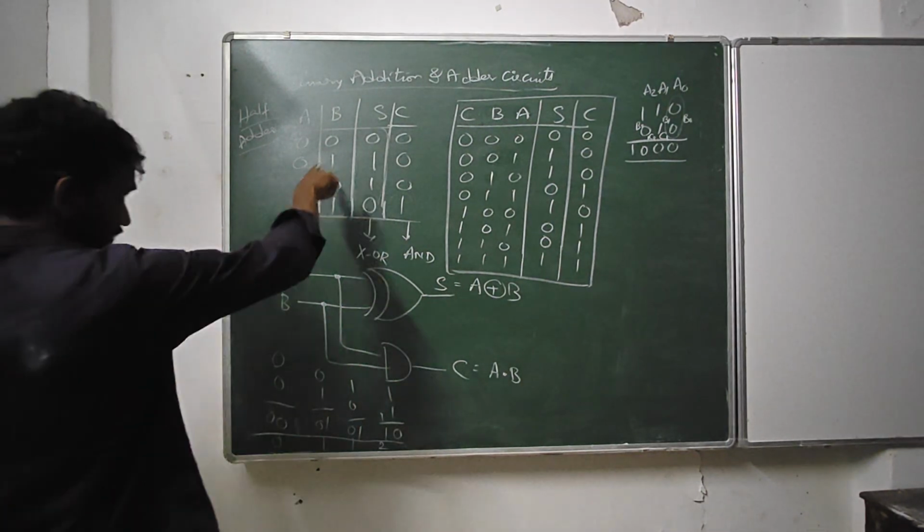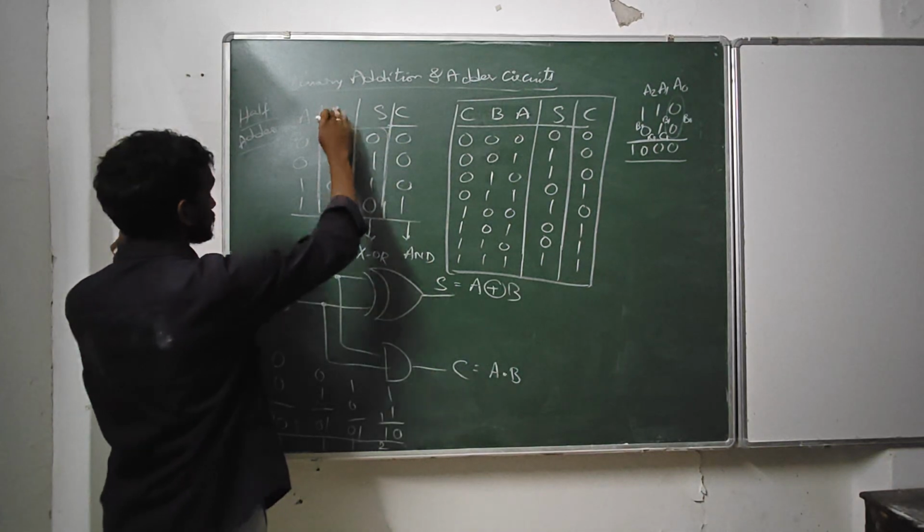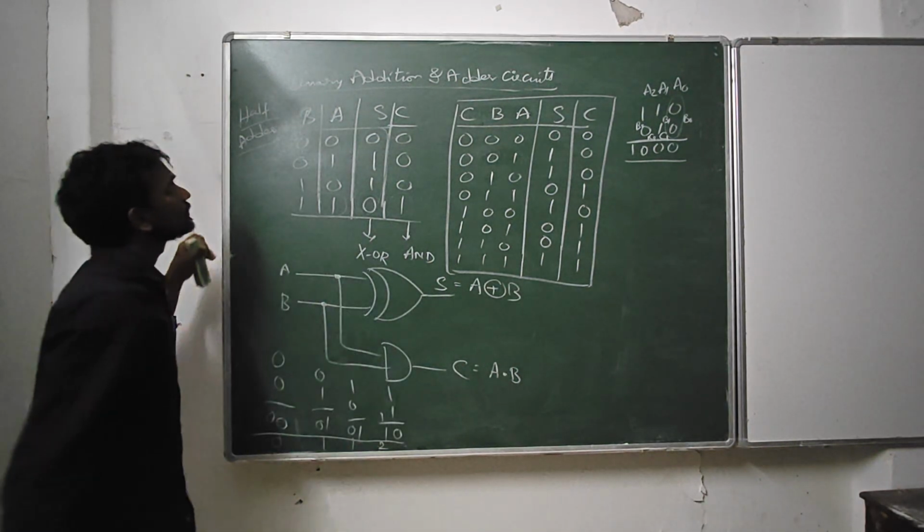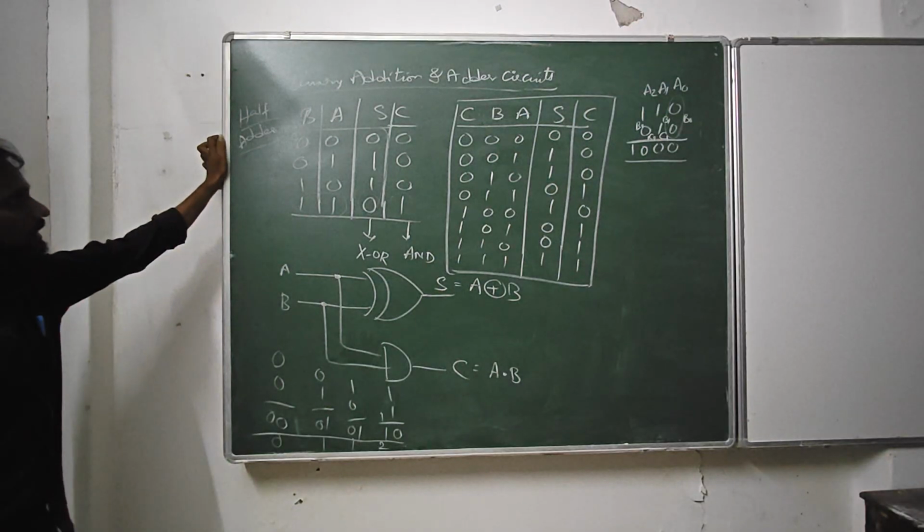Just check the K-map table for this. So keep A here and B here. What is the K-map table?